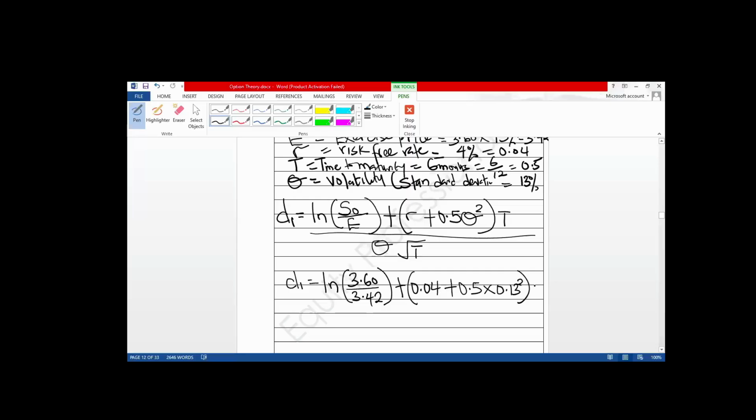Everything multiplied by 0.5, over volatility 0.13 multiplied by the square root of 0.5.